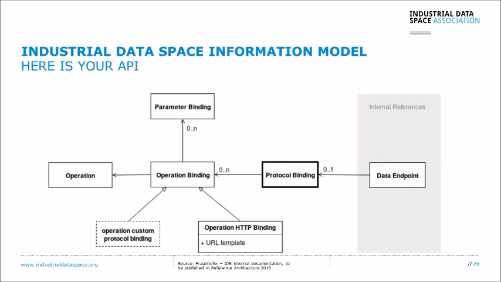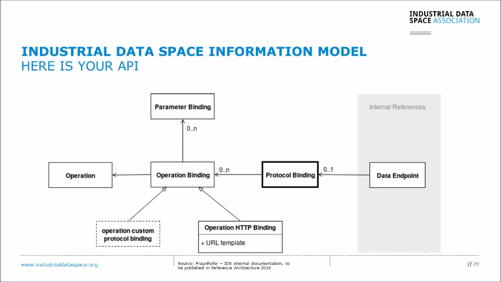Every data endpoint here provides certain protocol bindings and operations. And here you can simply plug in your own APIs. May it be a REST API, may it be MQTT, may it be SOAP.